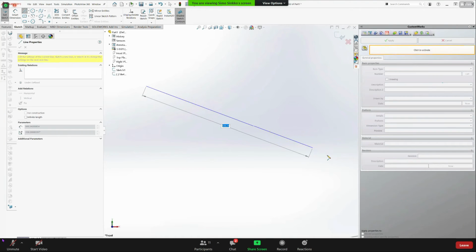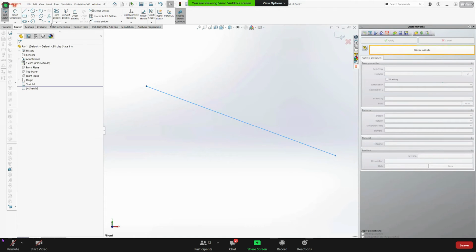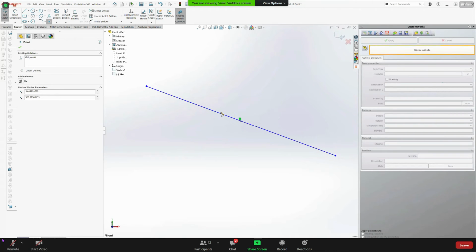And we have this one scissor here. And then we have two points here, one which is in the middle. And then we have this cylinder attachment point somewhere here.